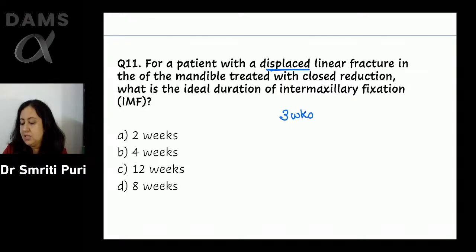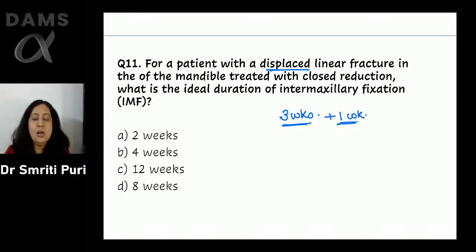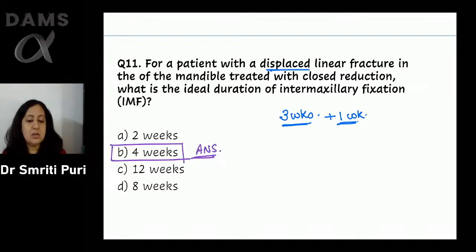So 3 weeks is your baseline. You will search for an option which is closest to 3 weeks. Maybe you can add 1 week only for the displacement. You will stick close to your baseline because no information has been provided in the question. So the best answer here is 4 weeks.